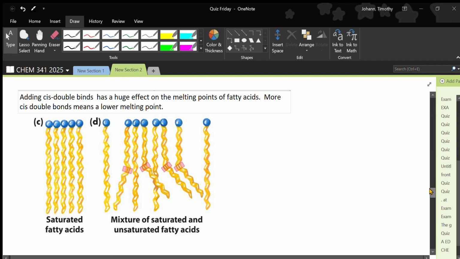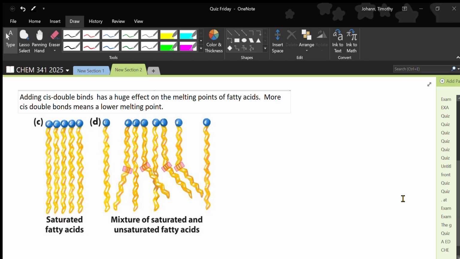Wait, how? Because if they're closer together, wouldn't that make it harder to pull them apart? For these? These are saturated fatty acids here, right? Let me make sure I wrote it right. Did I write it correctly? Yeah, so those are solid animal fats, and these are like plant fats, but we call them oils.